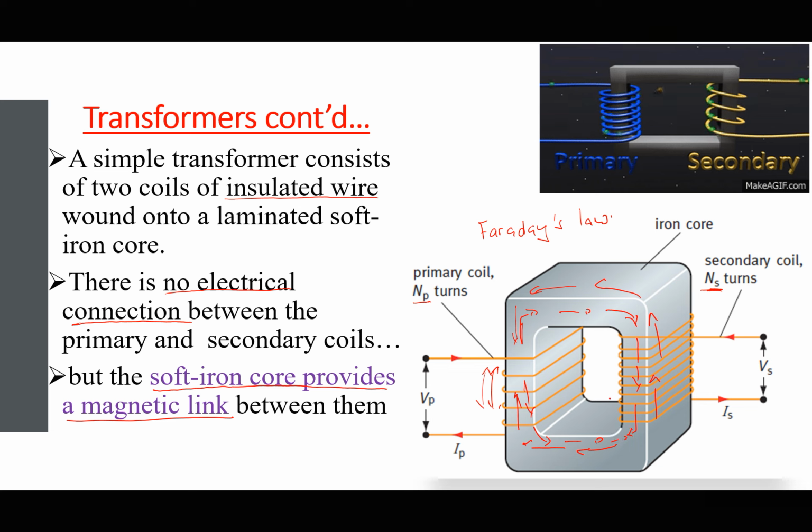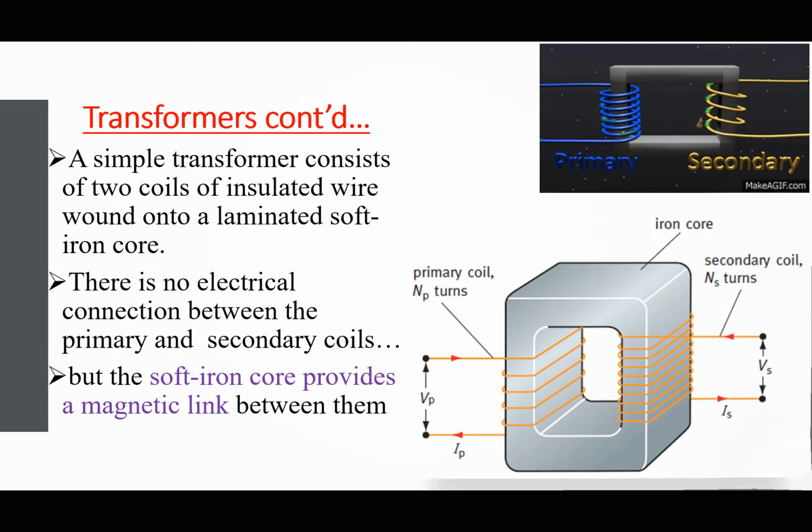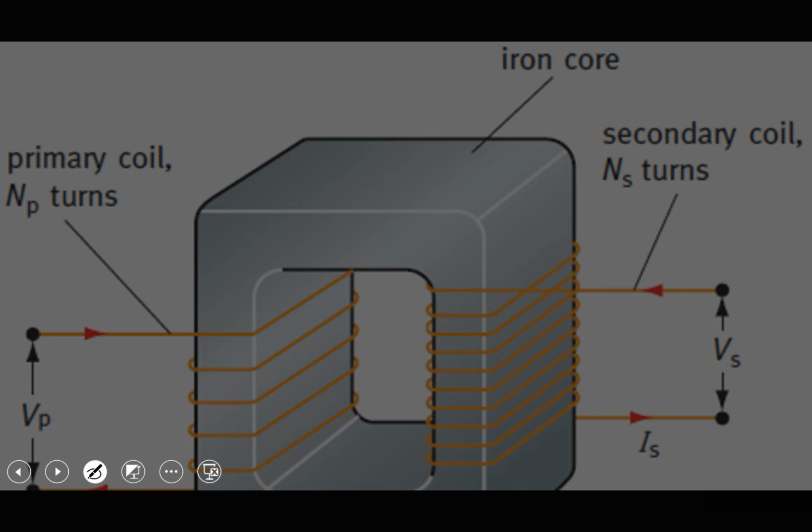And according to Faraday's law, whenever we have a changing magnetic field intercepting a conductor, then an EMF is most likely going to be induced in that conductor. Okay. So briefly, let me give you a clue on how a transformer works.